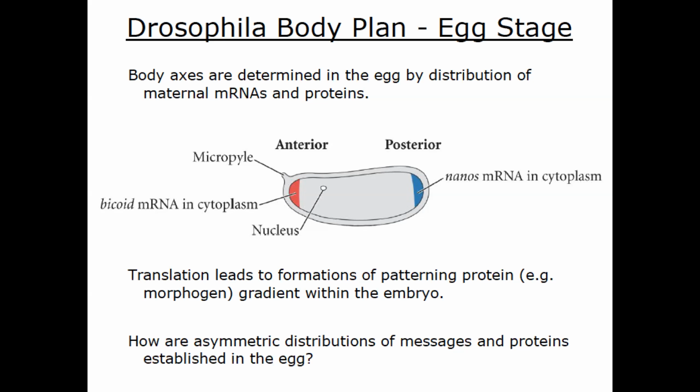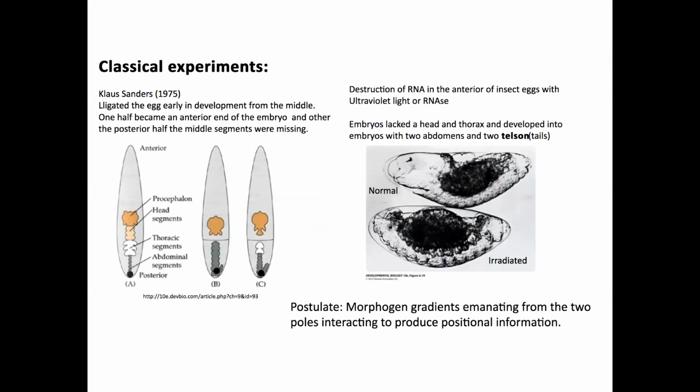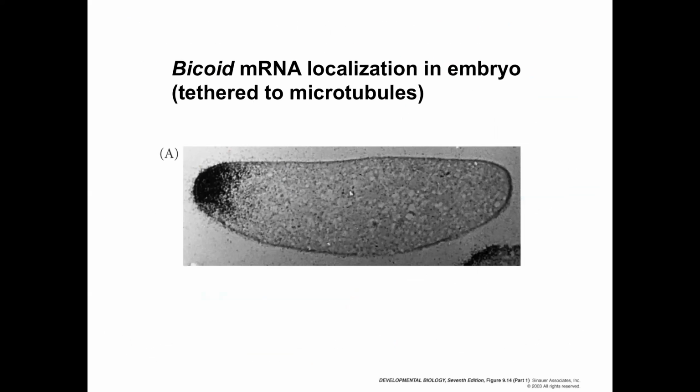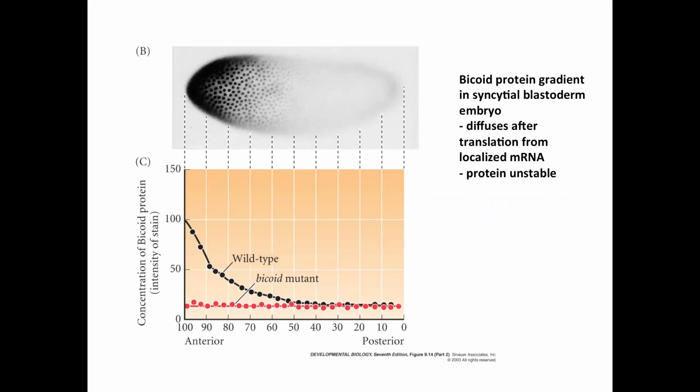So if you see, this is the bicoid mRNA localization in the embryo. You can't call this a gradient, but it is heavily enriched on the anterior side, right? Now, if you see the protein, that has a kind of a gradient feel, right?